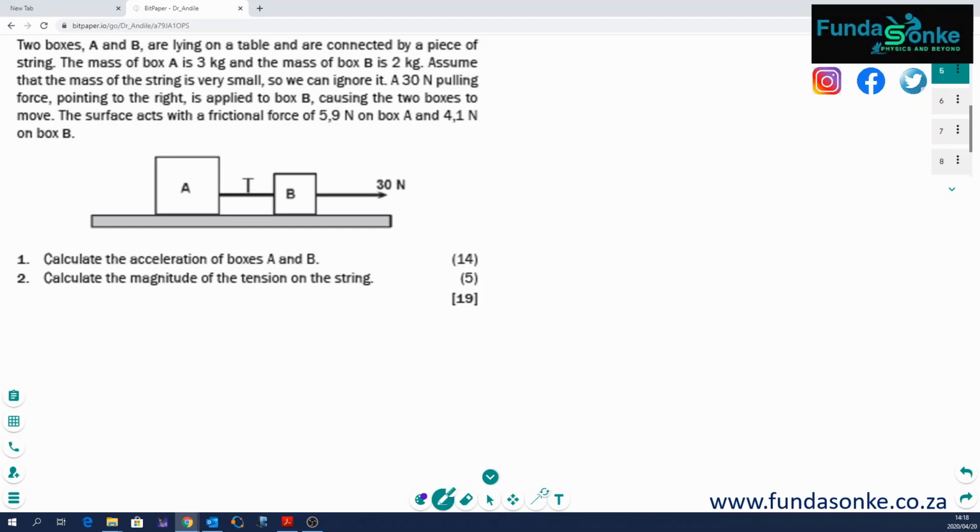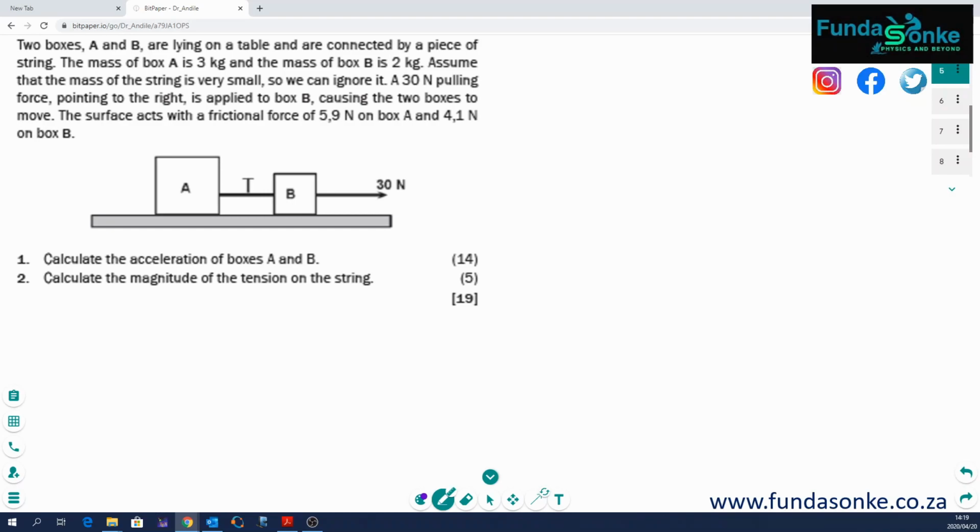Two boxes, A and B, are lying on a table and are connected by a piece of string. The mass of box A is 3 kgs and the mass of box B is 2 kgs. Assume that the mass of the string is very small, so we can ignore it.